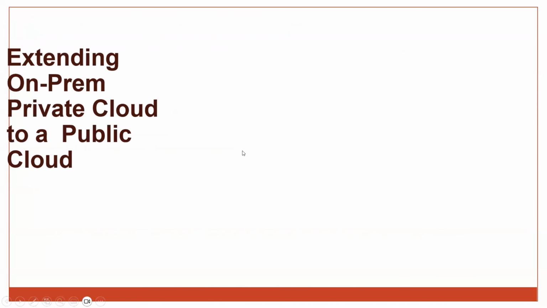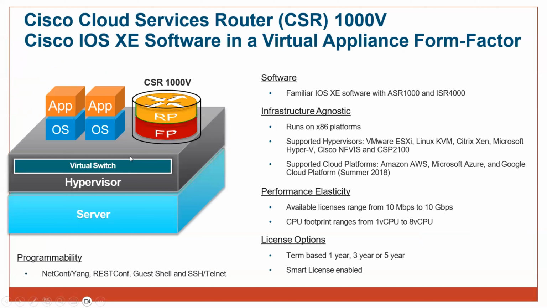Let me show you extending our on-prem to the private cloud. We have different devices. Cisco has the Cisco CSR. You can see this virtual form factor 1000V that we can host over any of the clouds.